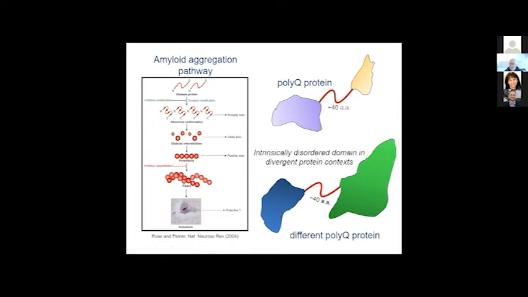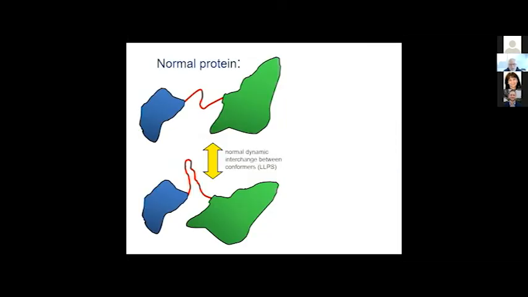We think that the polyglutamine domain is intrinsically disordered. I don't know if you call it low complexity, but it certainly can adopt different conformers. And that is relevant, I'm sure, to its normal function. I like to think of ataxin 3 and other polyglutamine proteins as having a glutamine domain in part because it allows for conformational flexibility.